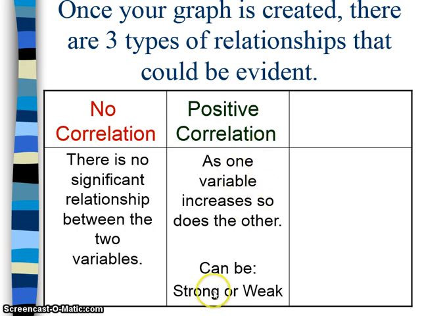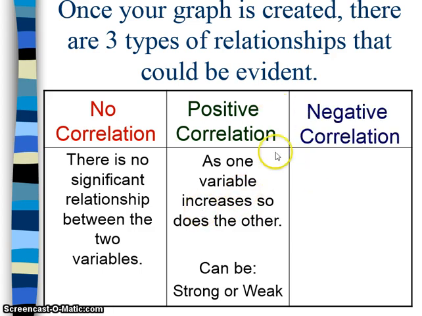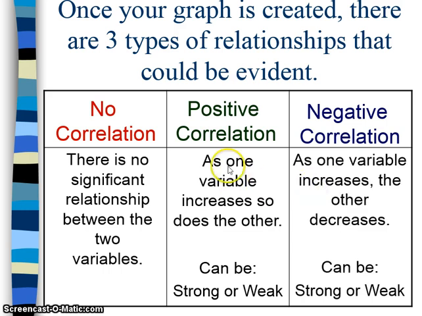Now, this can be a strong or a weak positive correlation, but in essence, there is a relationship that exists. When the one goes up, the other goes up as well. And the last is called a negative correlation, which is the opposite of a positive. As the one variable increases, the other decreases, and it can also be strong or weak.